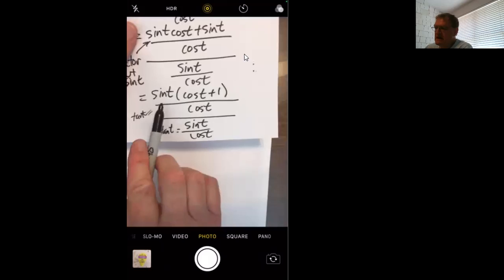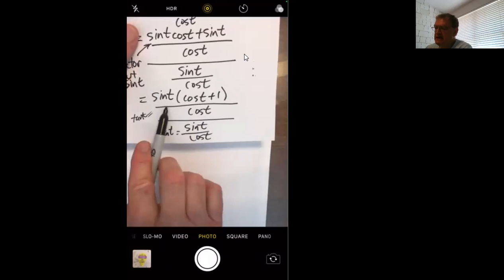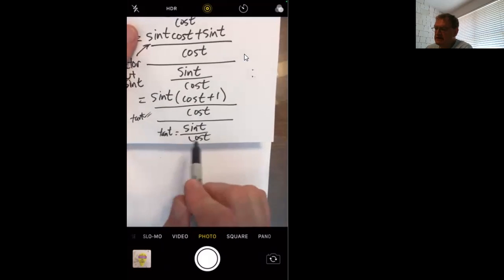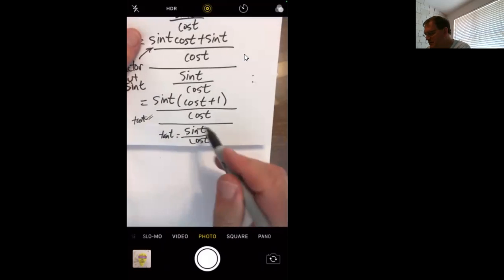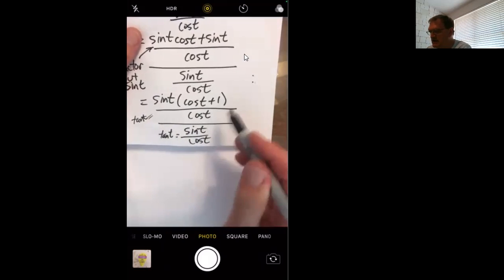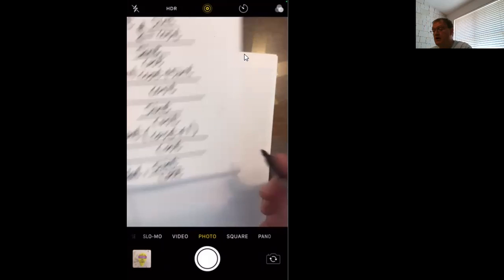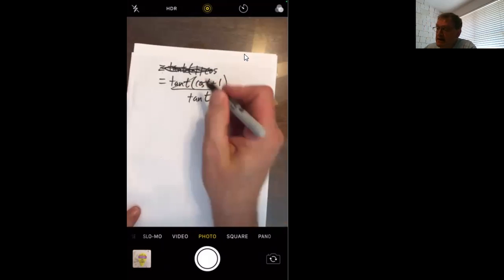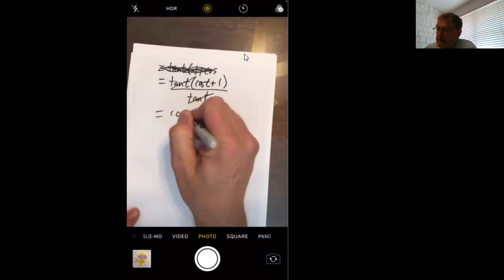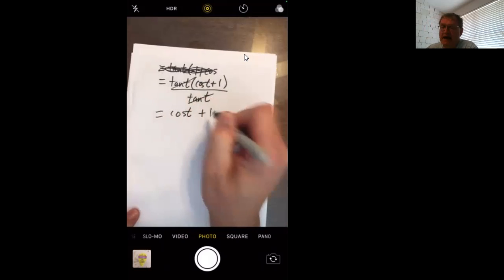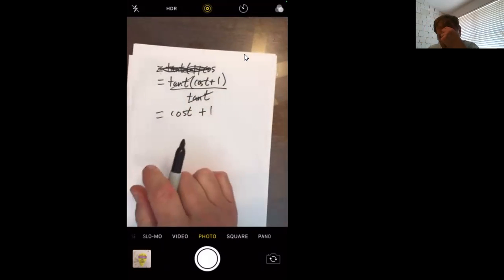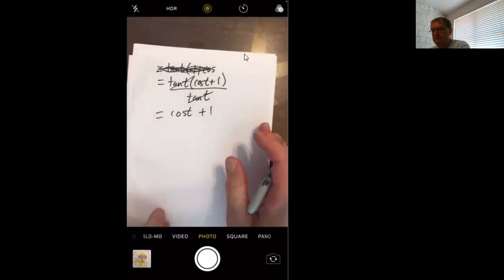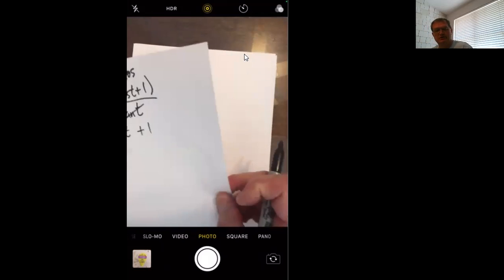You can compare the two lines. That's sine t over cosine t, that's a tangent t. You could also flip them around and flip the cosines around. The cosines cancel, the sines would cancel as well. You can play it that way. And you're left with cosine of t add 1. So much you can do with that.